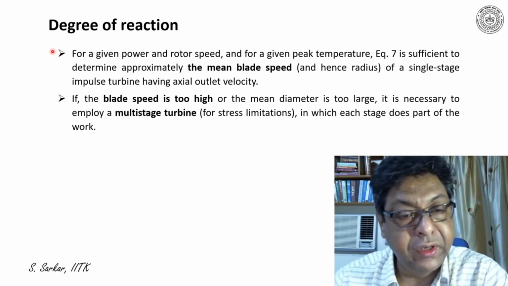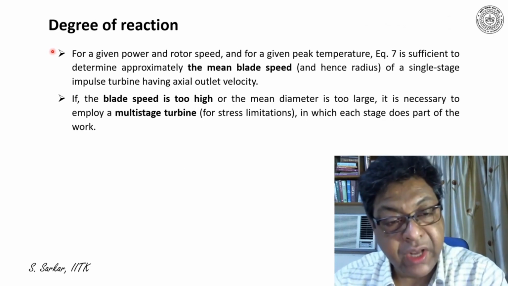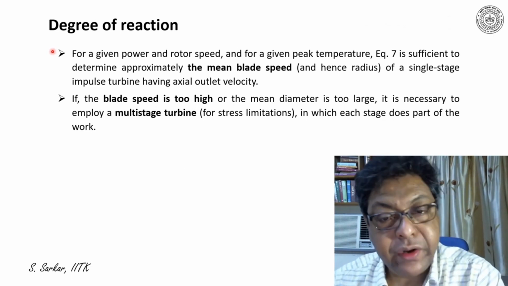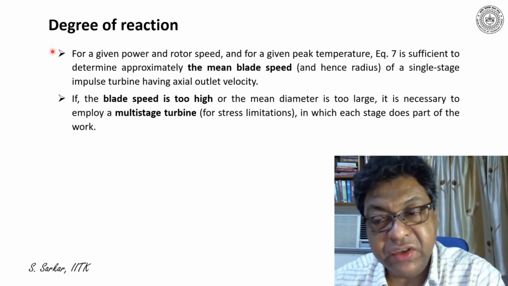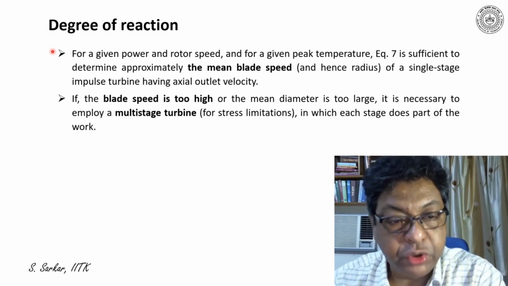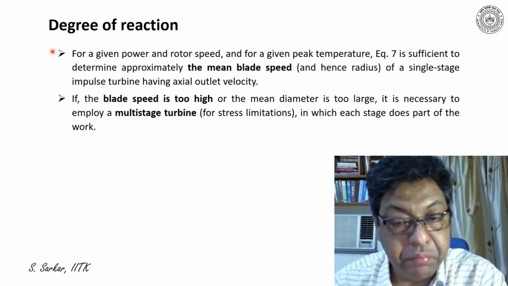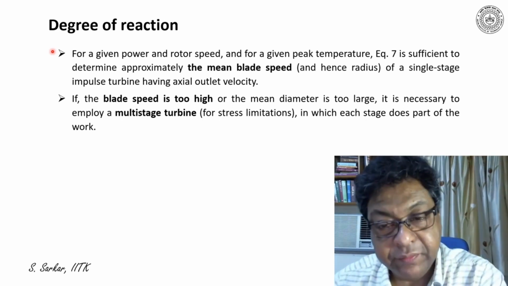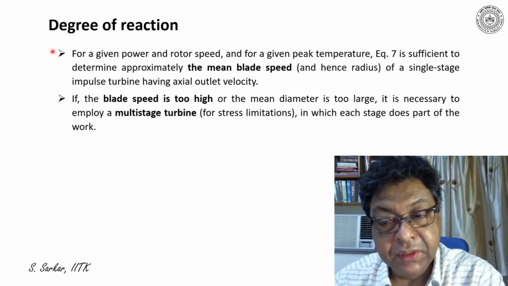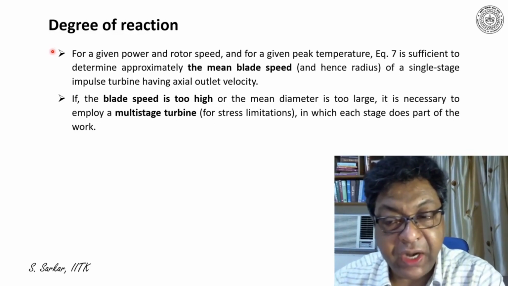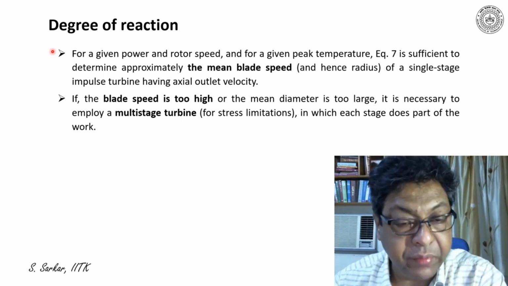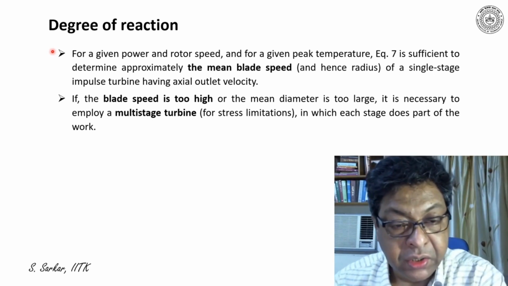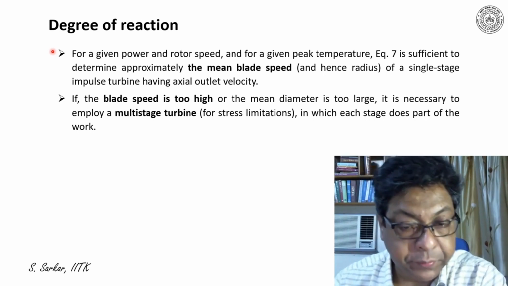Now, for a given power output and rotor speed, and for a given peak temperature, the equation 7 is sufficient to determine the approximate mean blade speed, that is the mean radius of a single stage impulse turbine having axial exhaust velocity.